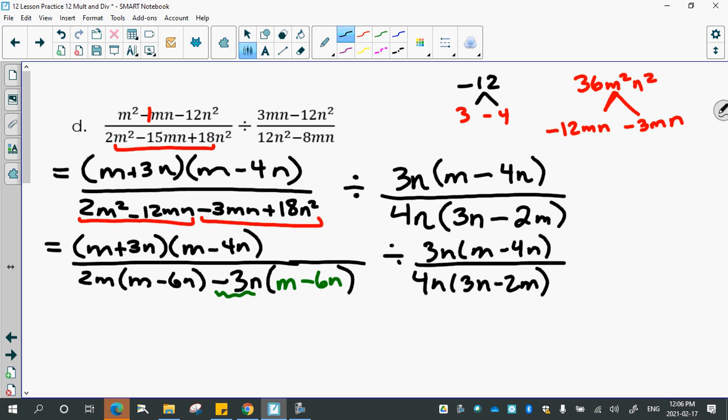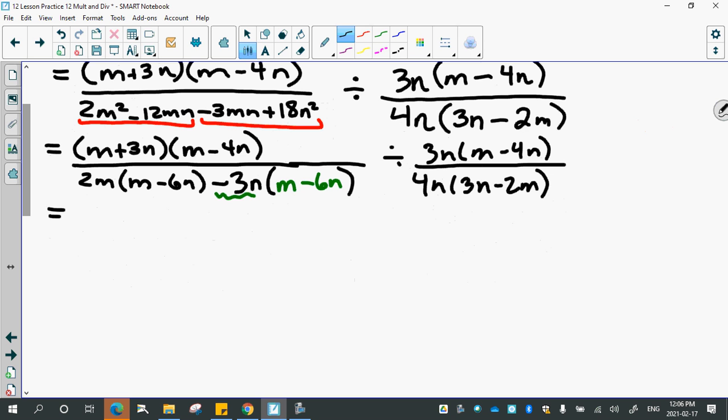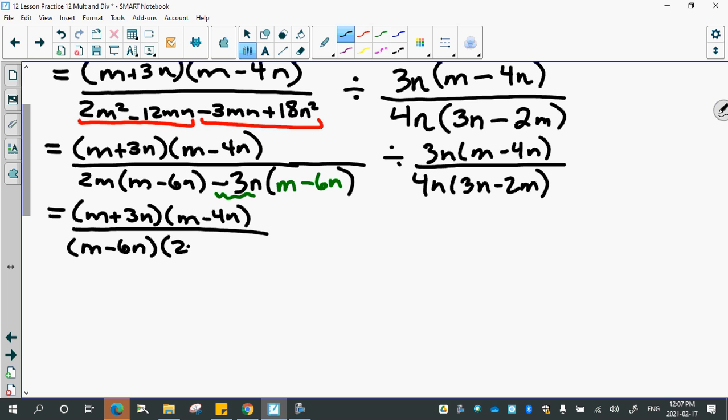So now I'm on my last step of factoring the denominator of the first fraction. So the common binomial is m minus 6n. And the leftovers form the other factor, so 3.